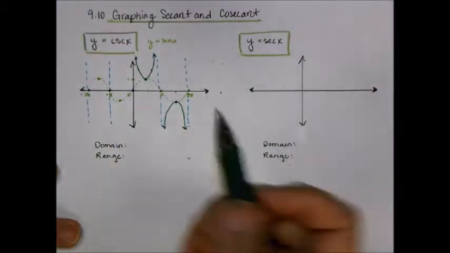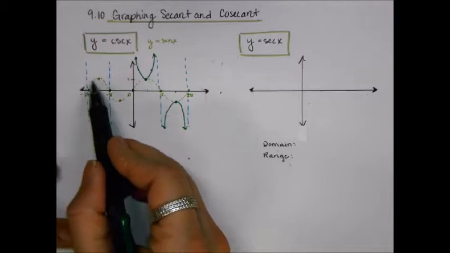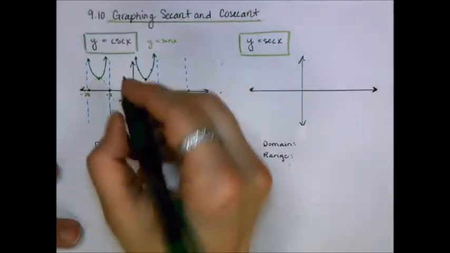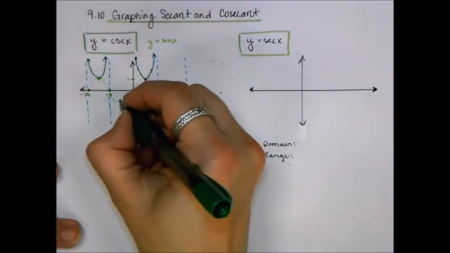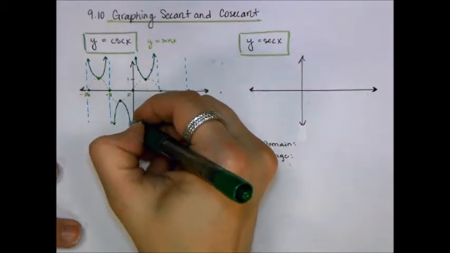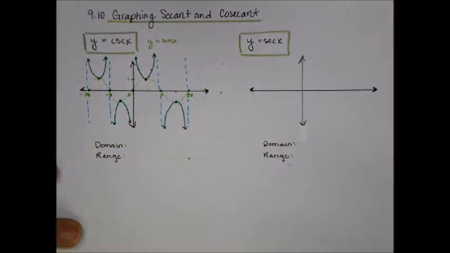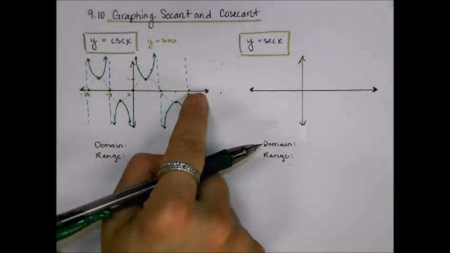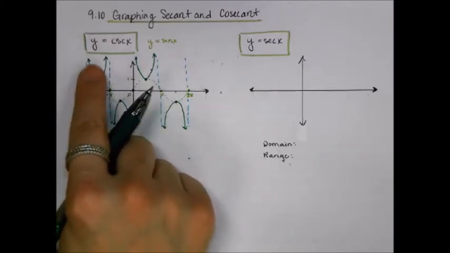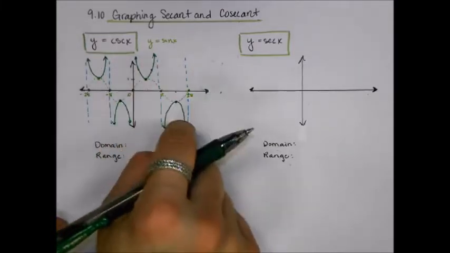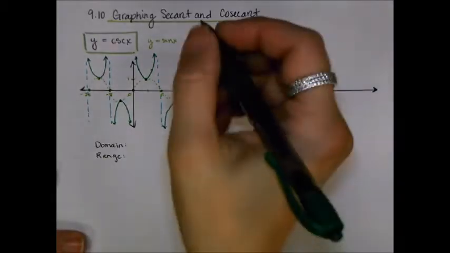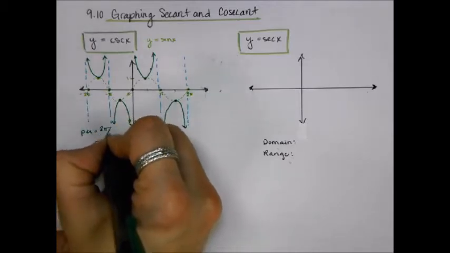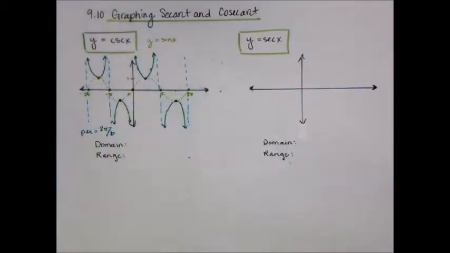And then we would take the reciprocal of all our values here, and the reciprocal of all of our values here. So I've drawn now 2 periods. Just like sine repeats every 2 pi units and has a period of 2 pi, so does cosecant. So we get an up and a down curve before we repeat. And so the period of cosecant is still 2 pi or 2 pi over b, just like we had for sine.